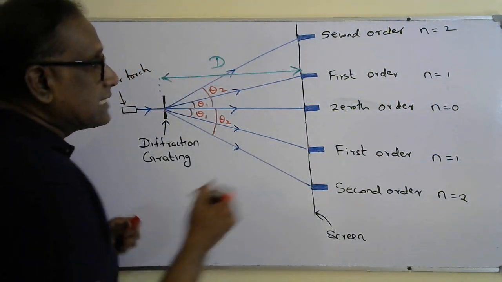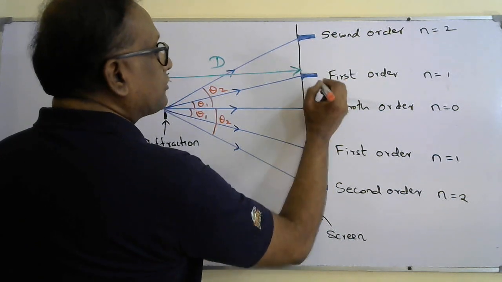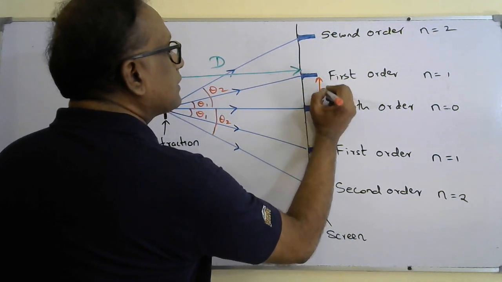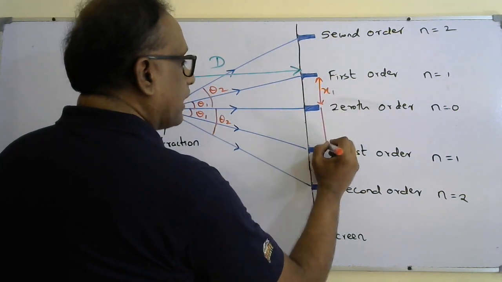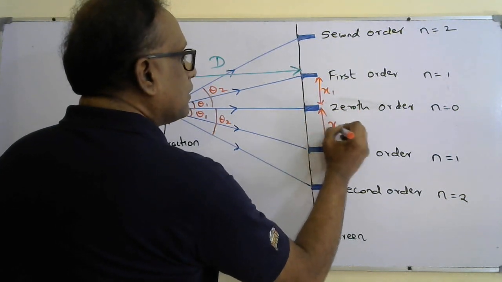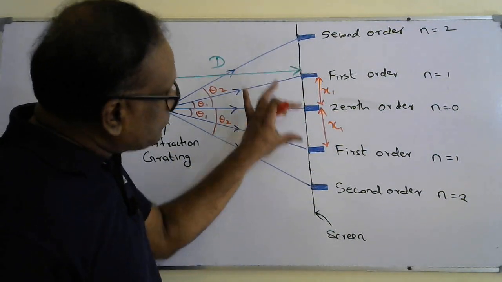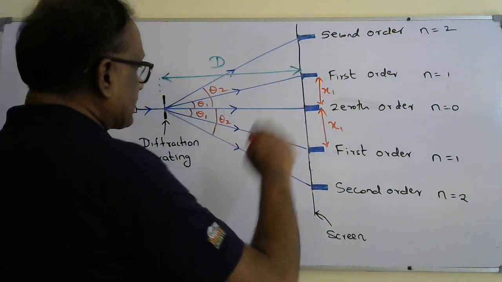So if I name the distance of the first order from the 0th order x1, here also x1, both will be the same, either side the same, but my diagram is not clear. I couldn't draw exactly the same way.